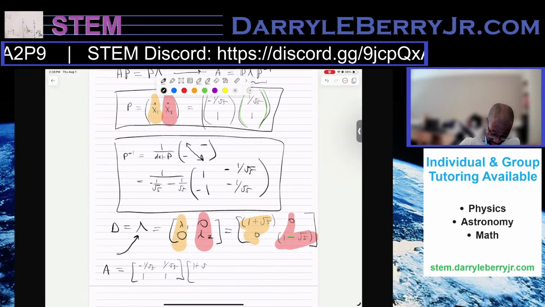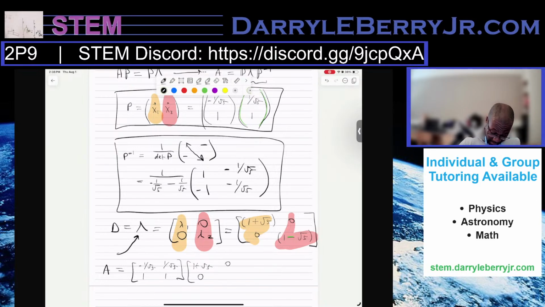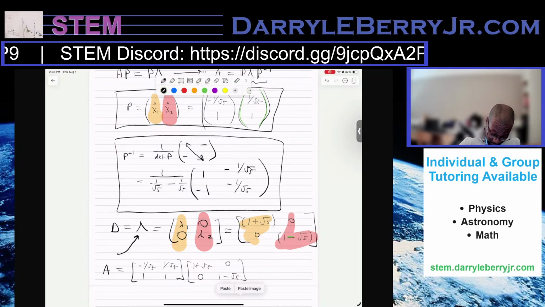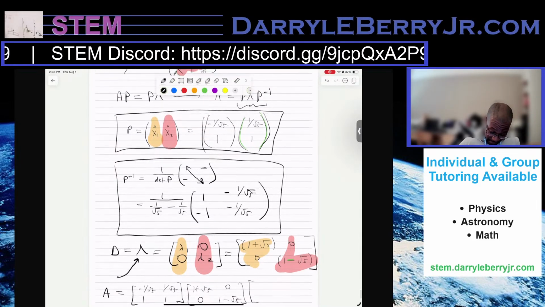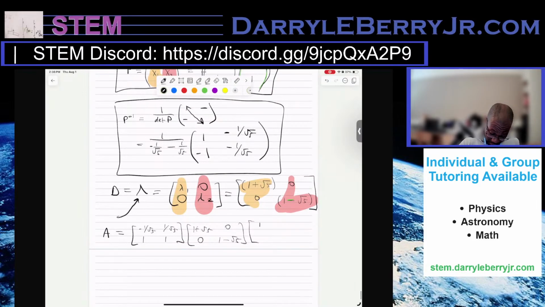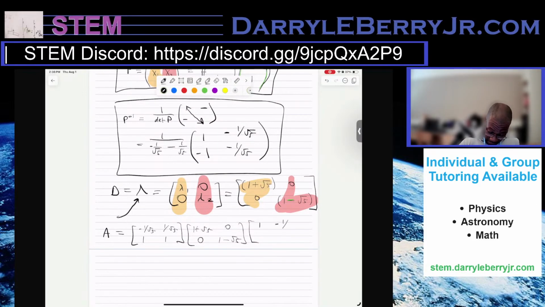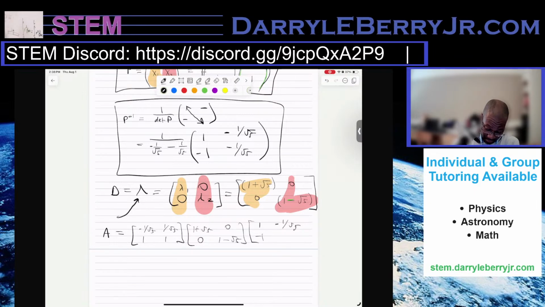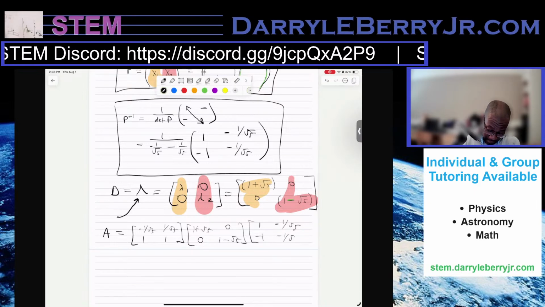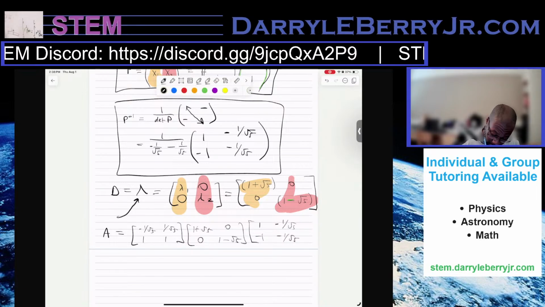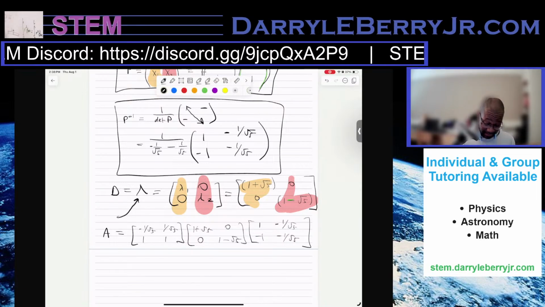Then 1 plus square root of 5, 0, 0, 1 minus square root of 5 for the lambda. And then P inverse right there: 1, negative 1 over square root of 5, and negative 1, negative 1 over square root of 5. Let me write this better. All right, so that's the actual answer.